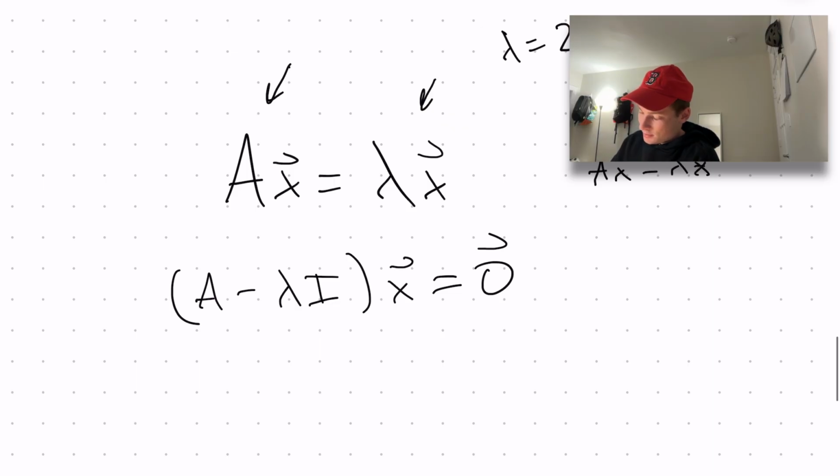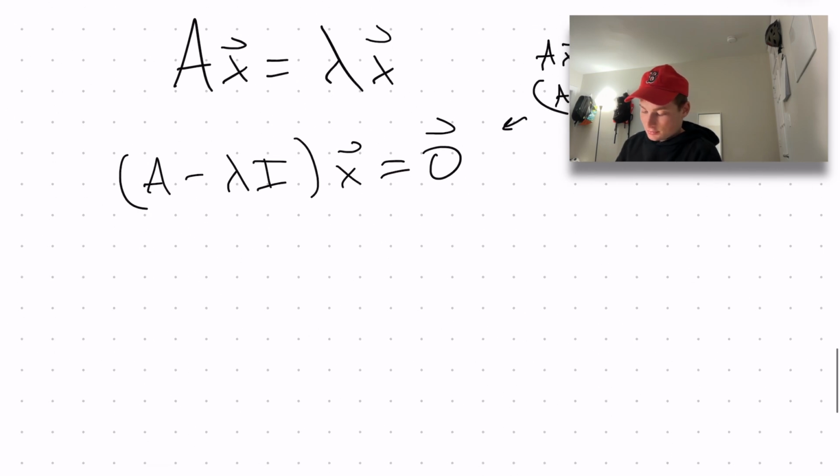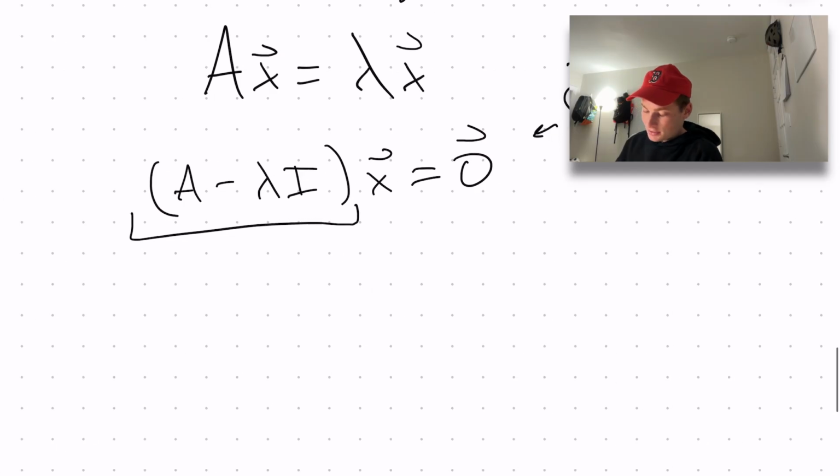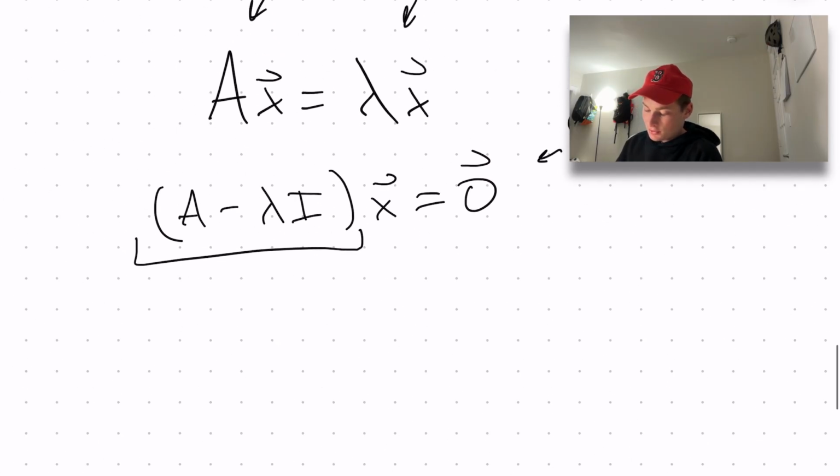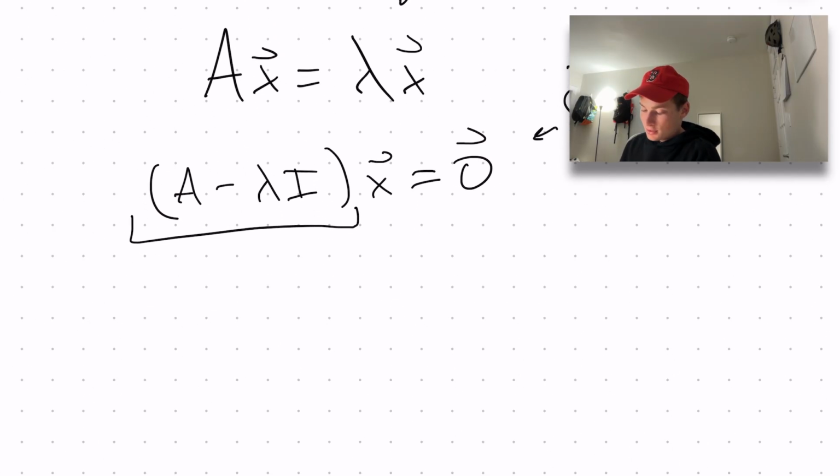And then you factor out the x like this. Nice. So then here, this is a new matrix. This is a brand new matrix that we're going to talk about. But by satisfying this equation, solving for x, then you can know all of the eigenvectors.